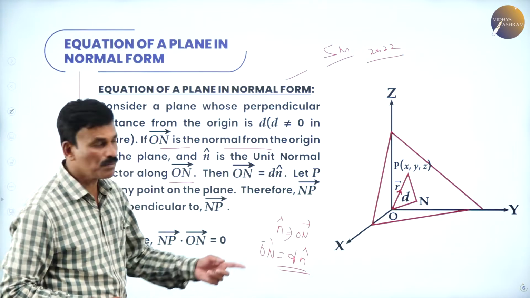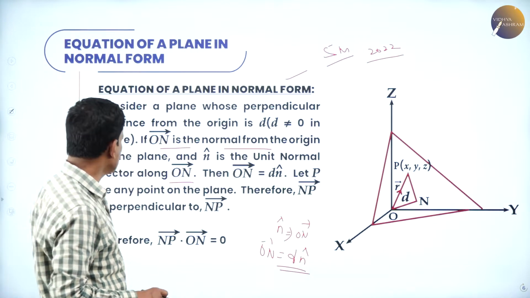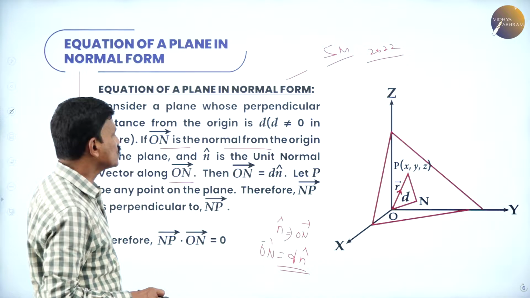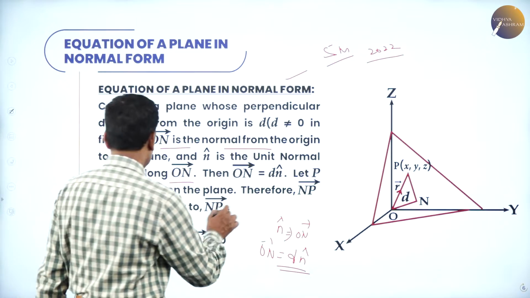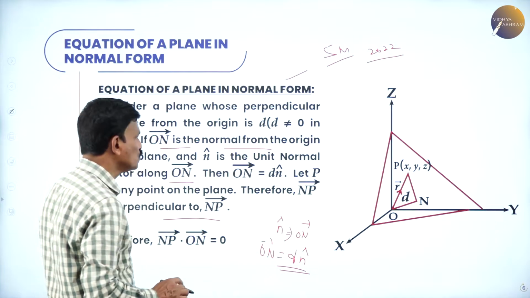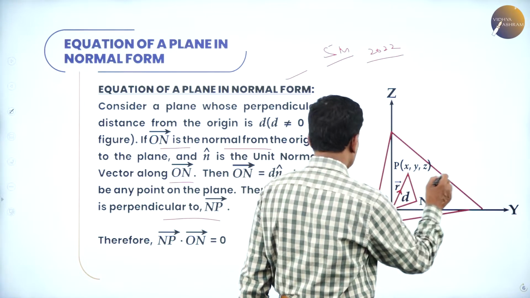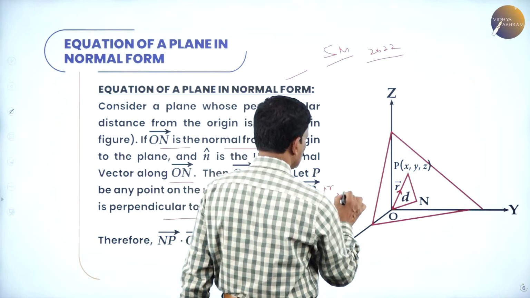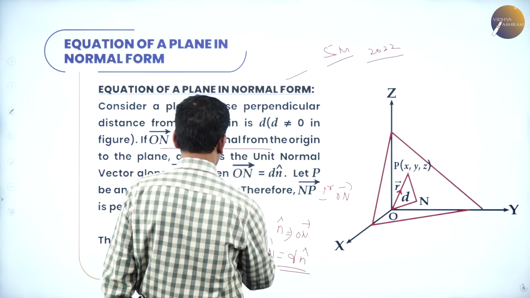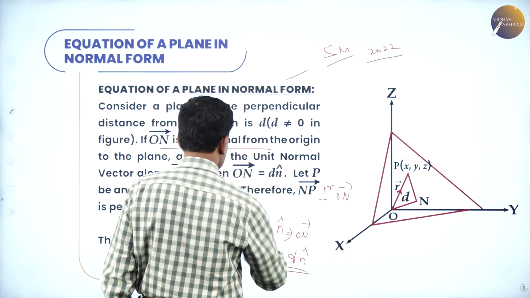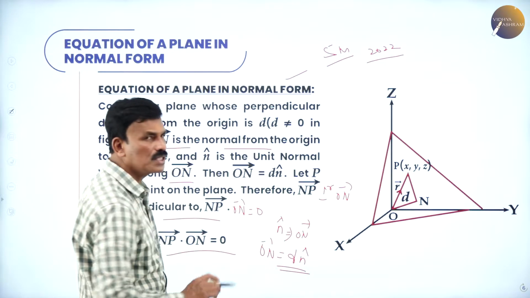Now let P(x, y, z) be any point on the plane. Therefore the vector NP is perpendicular to ON, so NP dot ON is equal to 0.